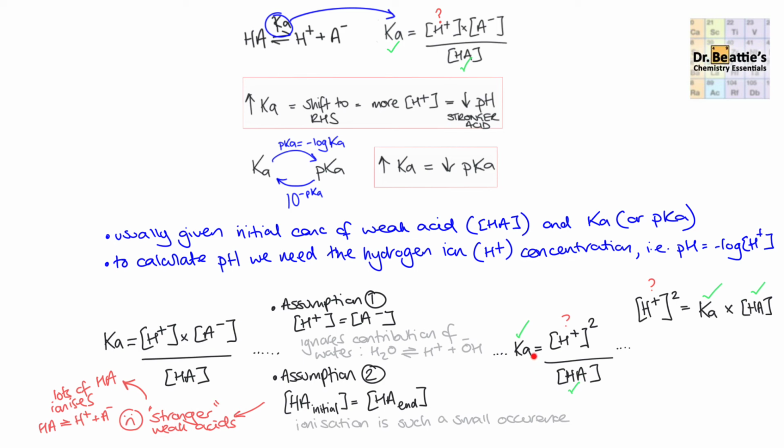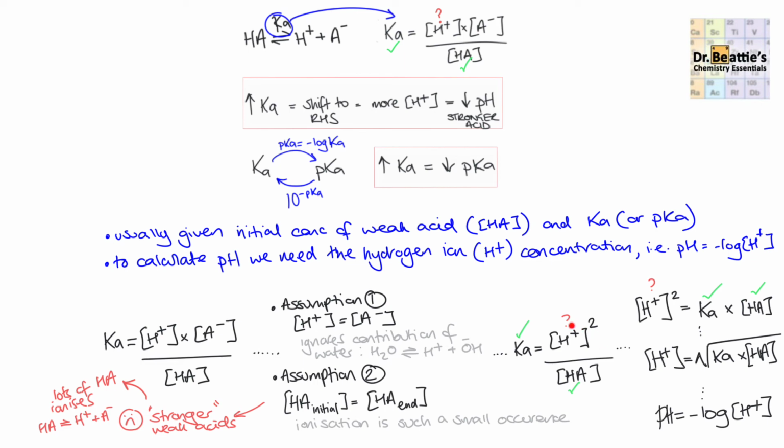All I did was move that over there. And then, obviously, pH calculations just require H plus. So in order to get to just H plus on its own, we're going to have to take the square root of all of this side. And then with that answer, we can put it into this equation and get pH.